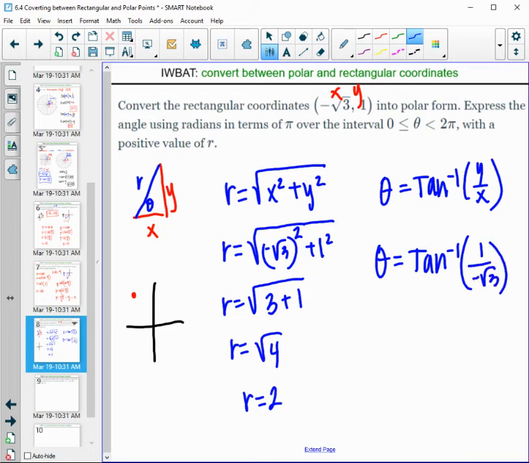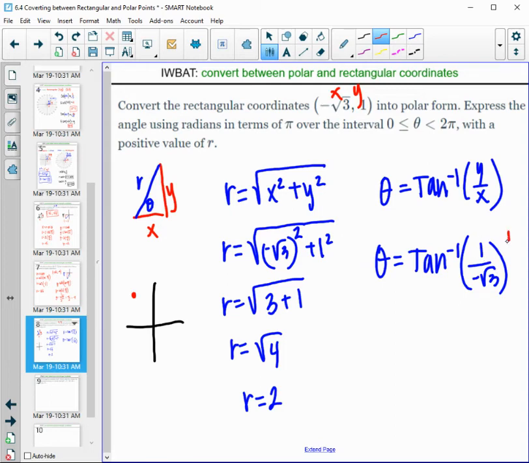So then you'll figure out on your unit circle what will give you a tangent of negative 1 over root 3. Let's think about where we would get that. Remember, on the unit circle the coordinates are not a 1 and a root 3.